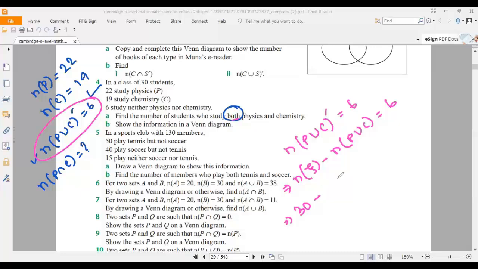From the formula, we know that it will be N of P plus N of C minus N of P intersection C, equal to 6. Now put the values.